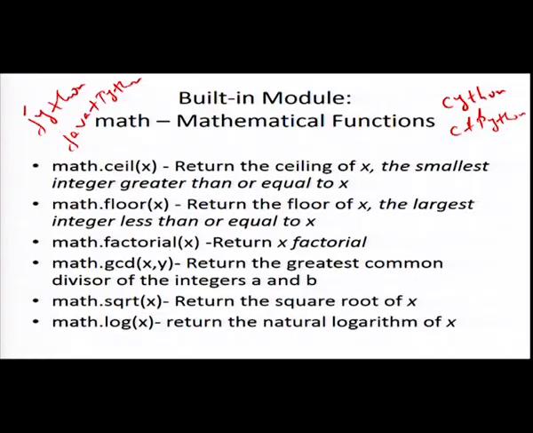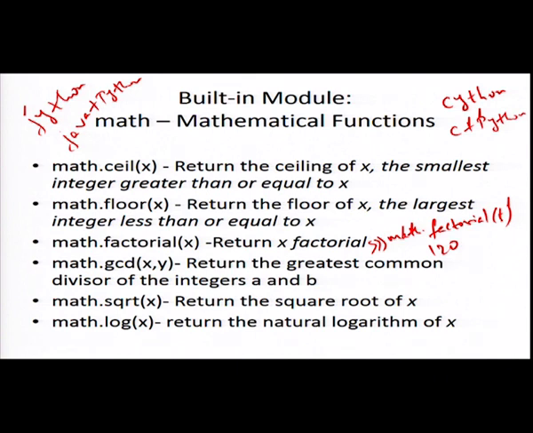So math dot factorial of x will return the factorial of the particular value. For example, if I give math dot factorial of 5, and press enter, it will return the value 120.